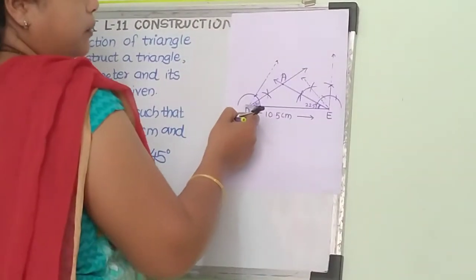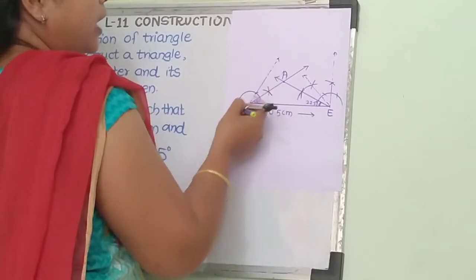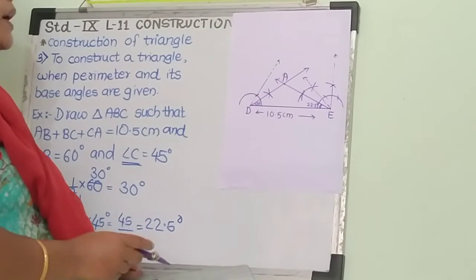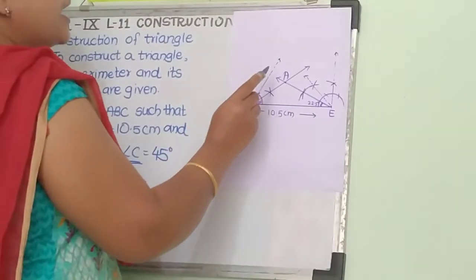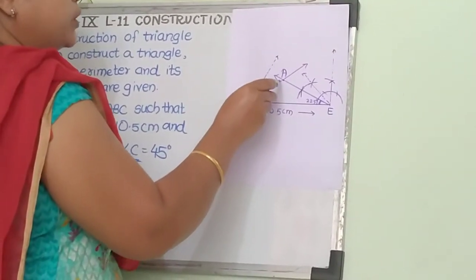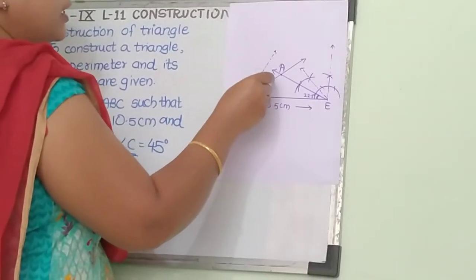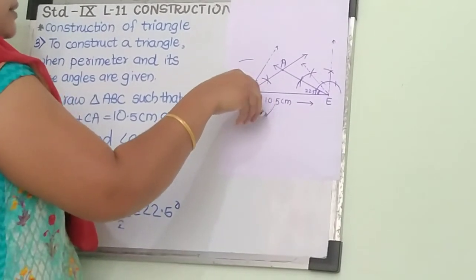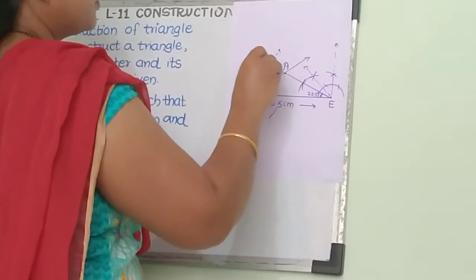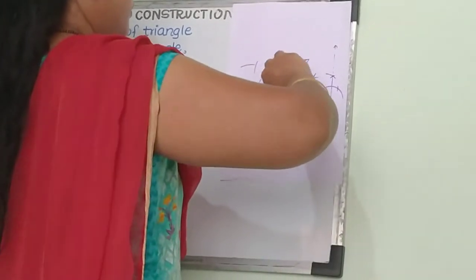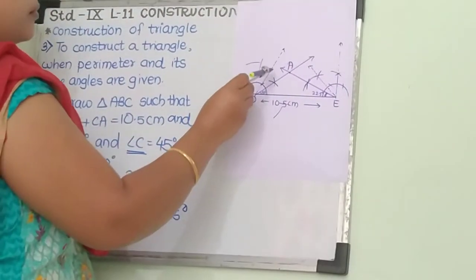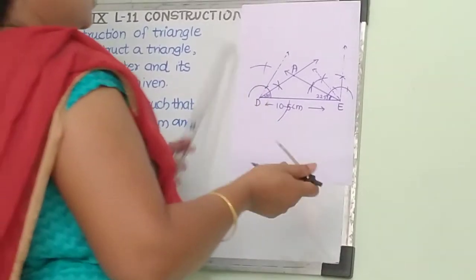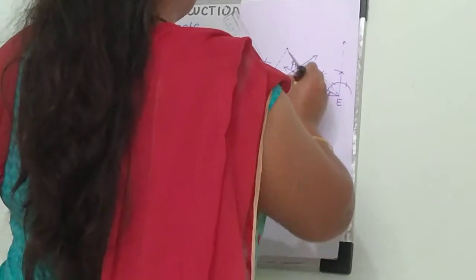We have to draw the perpendicular bisector of AD and AE. So first I will draw the perpendicular bisector of AD. For this I am going to take more than half distance in the compass and mark the arc. So first we get this perpendicular.